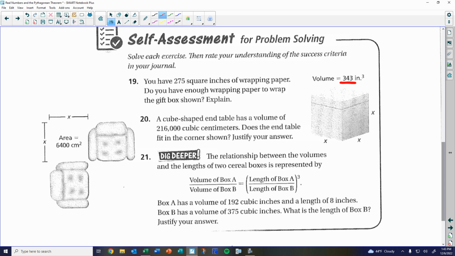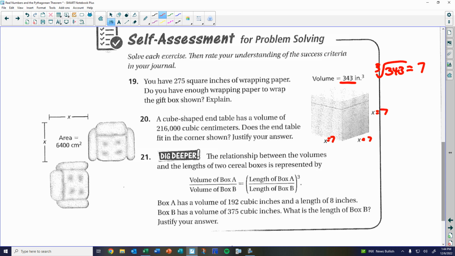So the cubic root of 343 is 7. All right. So that means that this box has side lengths of 7 inches each. So this is a 7 by 7 by 7.